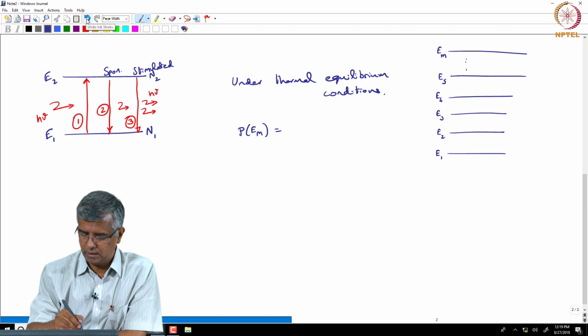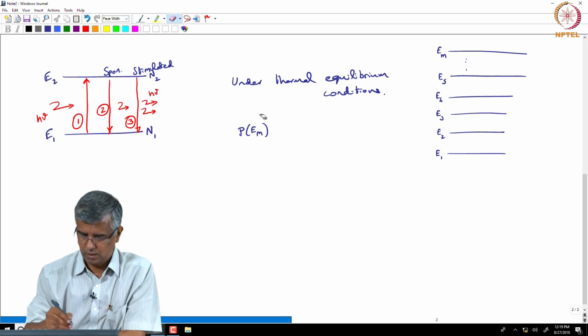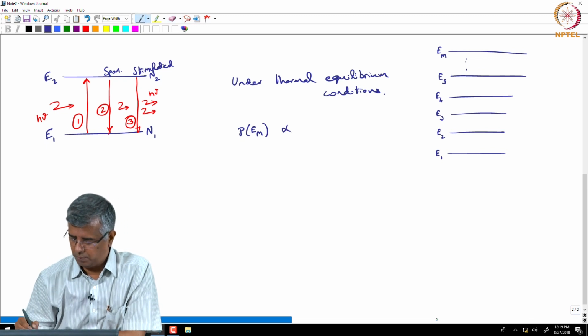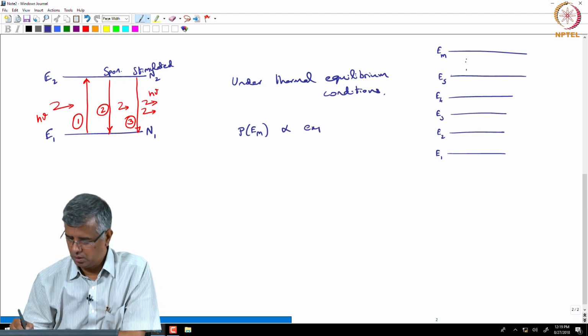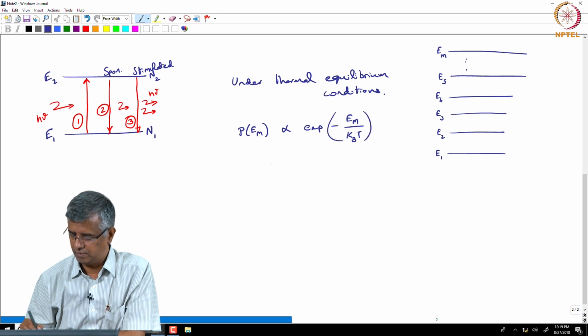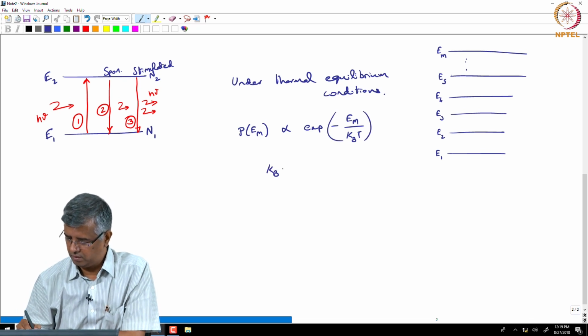you are saying that would be proportional to exponential of minus Em over kBT, where kB is what?